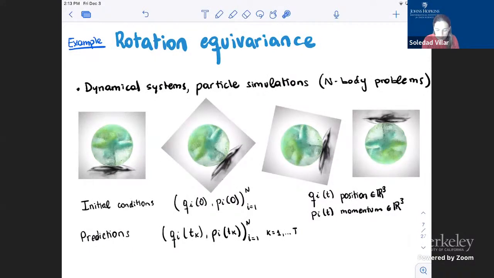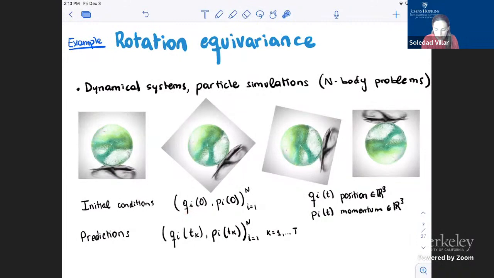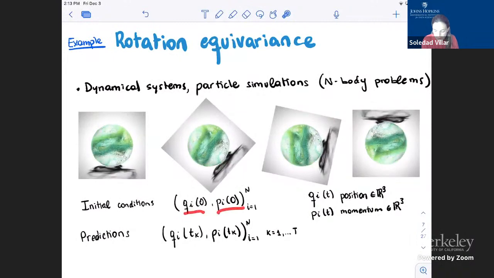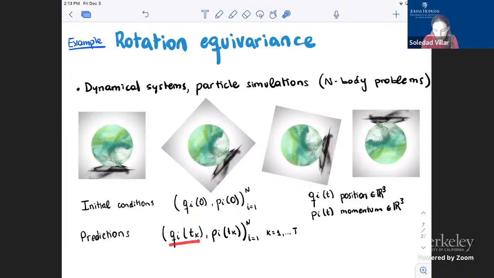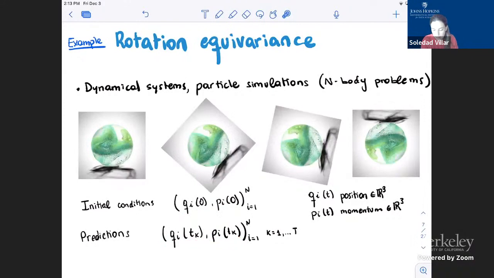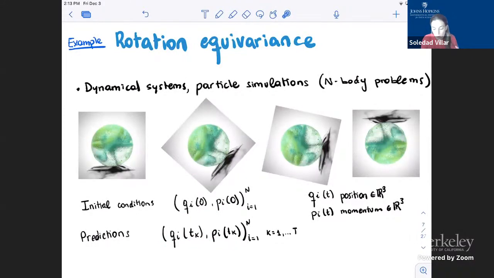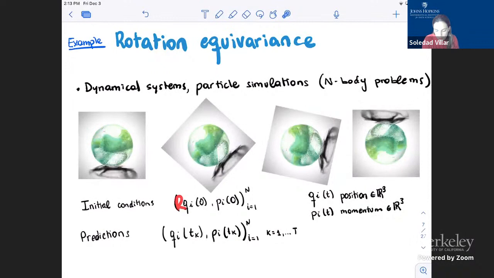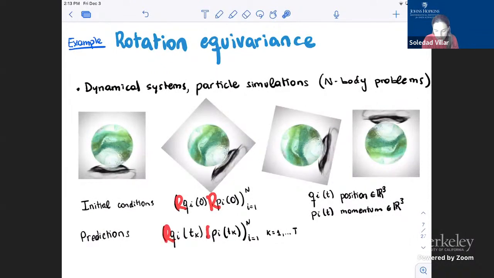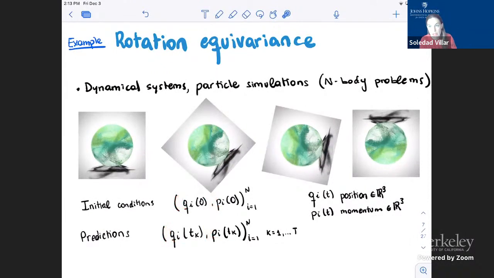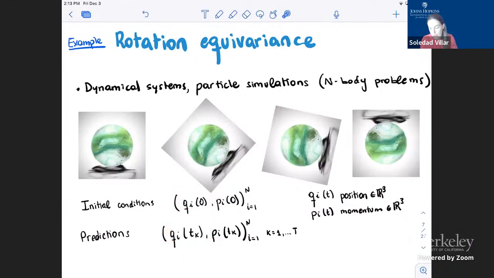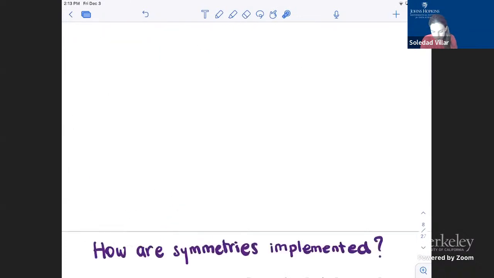My initial conditions are the positions and the momentums of the particles, and I want to predict the positions and momentums of particles in the future. And I know that if I apply a rotation to my inputs, then the predictions will rotate accordingly. Basically that's the equivariance that I care about in this specific example.